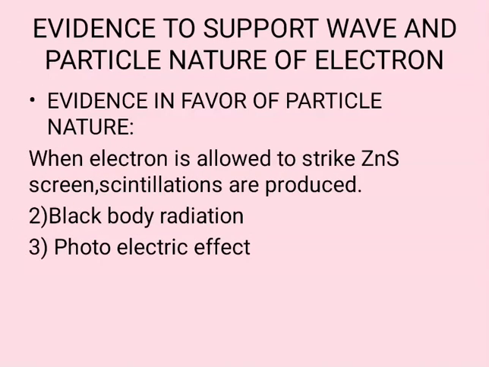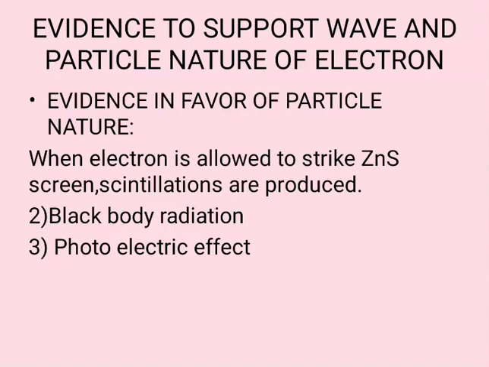Next is evidence to support wave and particle nature of electron. First of all, evidence in favor of particle nature. We all know that an electron has a particle-like character. Particle means it has mass, it possesses charge, it has energy, so it has got momentum, mass into velocity.